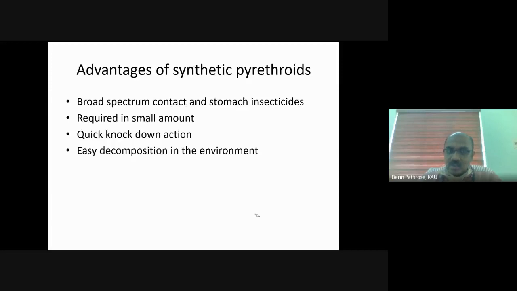I told you it has quick knockdown action. Another basic character of synthetic pyrethroids is that they easily decompose in the environment. They don't persist at all. With OP compounds, as we discussed yesterday, there are certain compounds which don't persist, but there are certain compounds which relatively persist in the environment. But none of the synthetic pyrethroids persist in the environment. So these are the characters and advantages of synthetic pyrethroids.